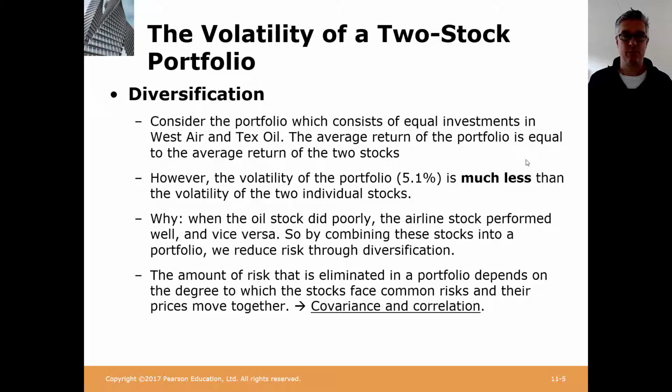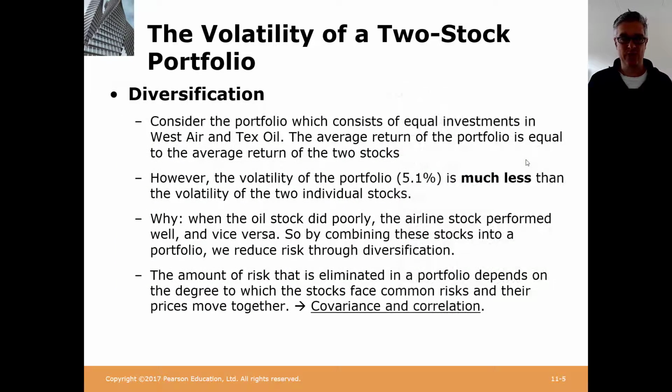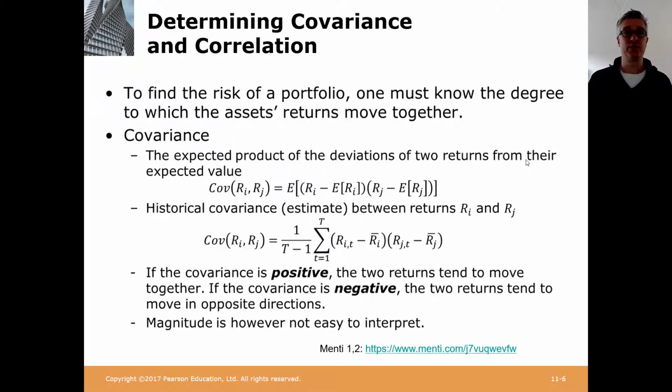Even positive correlation between two shares, where one goes up and the other also goes up, leads to diversification, but less so. So you see there's a crucial role for correlation and covariance in the determination of portfolio returns.